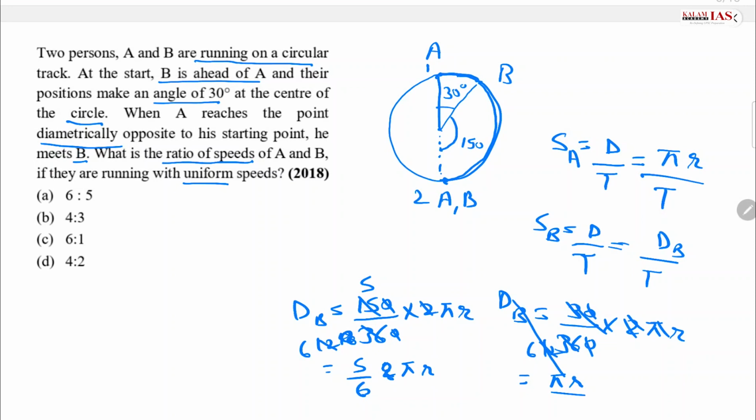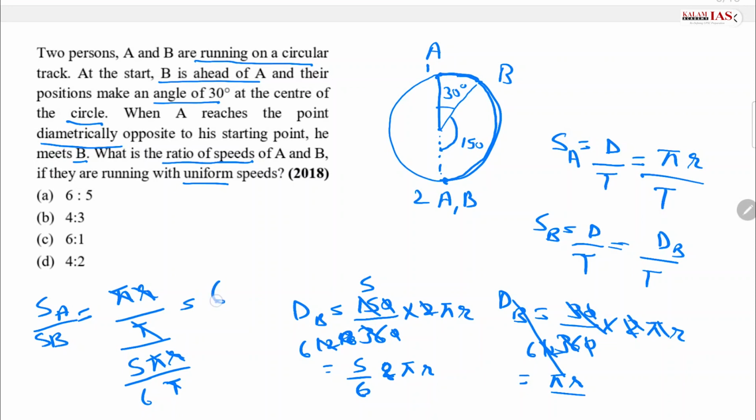So if we have to find the ratio of the speeds of A by B, it will be equal to pi r by t for A and 5 by 6 pi r by t. We can just simply cancel these things.